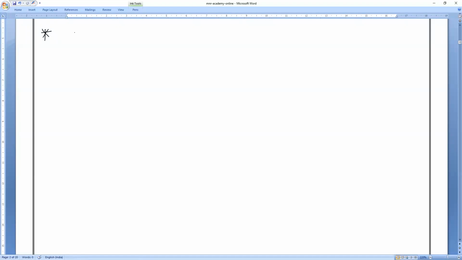So for extraction of iron, you can write neatly: extraction of iron, calcination or roasting is not required. Why, guys?